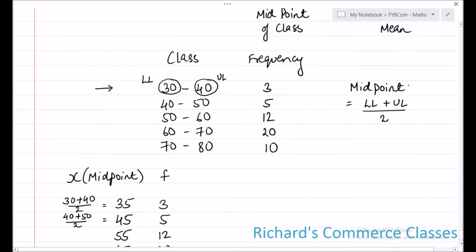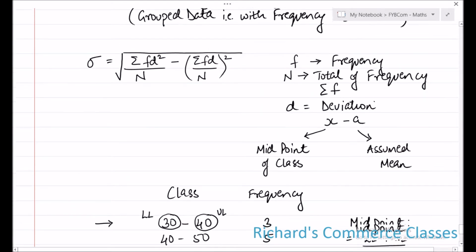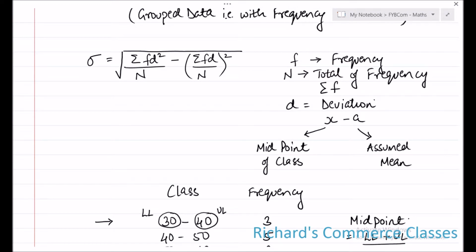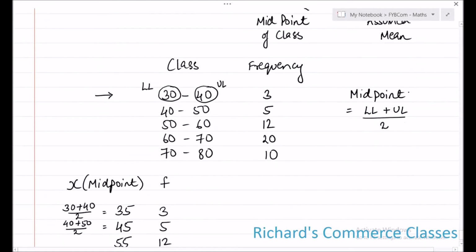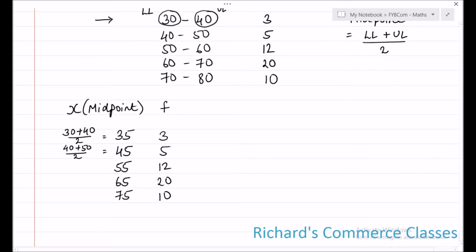Now going back to our formula, we have f, but we need d and d square, and d is calculated by the formula x minus a. So going back, the next column that we need is d, which is equal to x minus a. Now we already have the x column, but we do not have a.